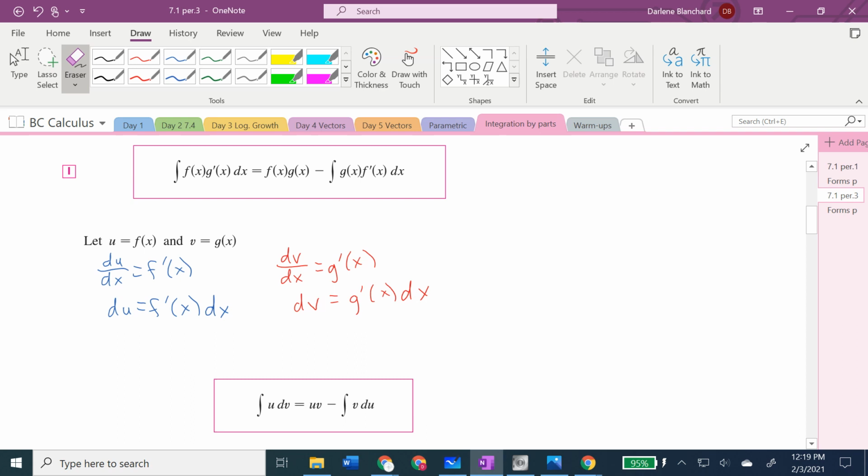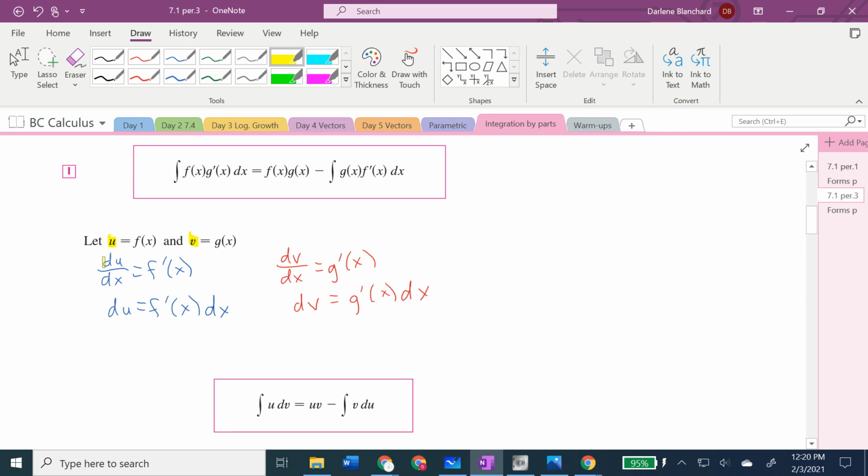Now, I want to point out to you how that formula is the same as this one, because it will also help you to understand the way that we use this formula. And that starts with saying, understand that u is an entire function with respect to the x variable. And v is an entire function with respect to the x variable also.